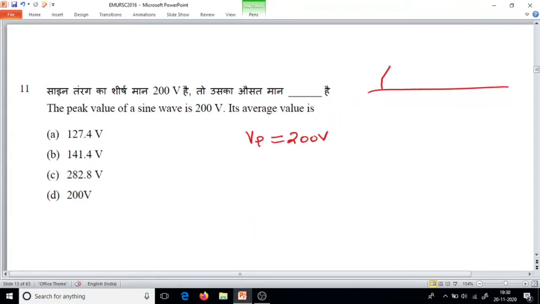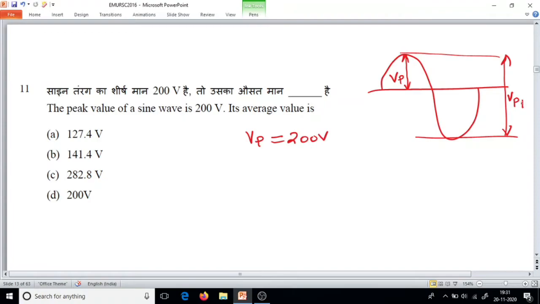I have made a video for the peak value, average value. You can see that video. So this is the peak value. This is called V peak. And from here to here, that is maximum in the negative direction and maximum in the positive direction, this is V peak to peak.